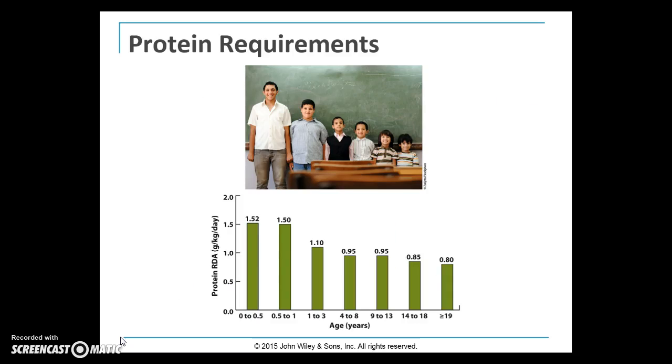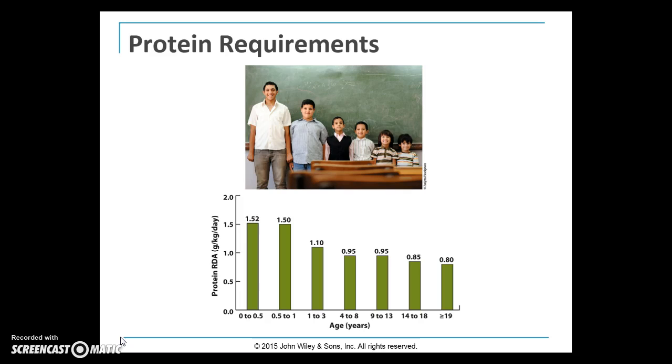Here's a picture that shows how protein requirements change over life. Our protein needs per unit of body weight decrease as growth slows. So as we grow up, we don't need as much protein. During the first year, we're growing rapidly, so we need larger amounts of protein. As growth rate slows through childhood and adolescence, the need per unit of body weight decreases.